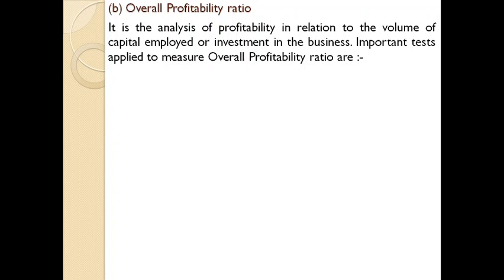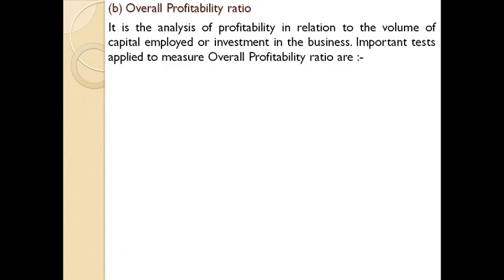It mainly depends upon the investment made by the business, and on the basis of that investment we can study whether the organization is earning sufficient profit or not. Under overall profitability ratio, it is the analysis of profitability in relation to the volume of capital employed or investment in the business.